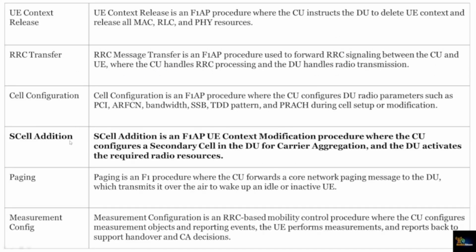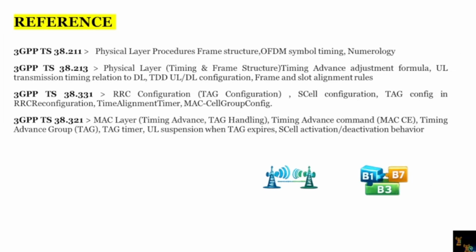From a CA perspective, SCell addition is an F1AP UE context modification procedure where the CU configures a secondary cell in the DU for carrier aggregation and the DU activates the required radio resources. So that's all for the F1.